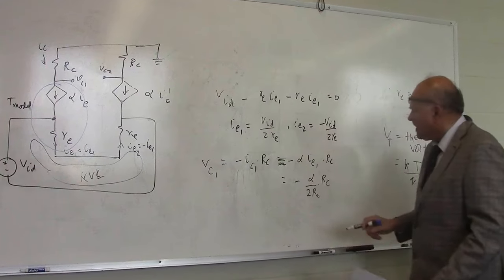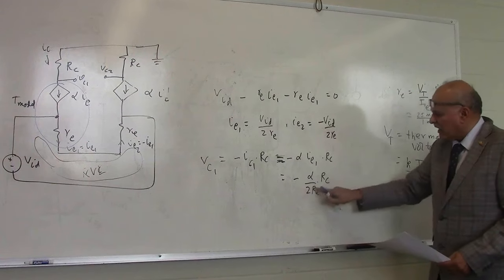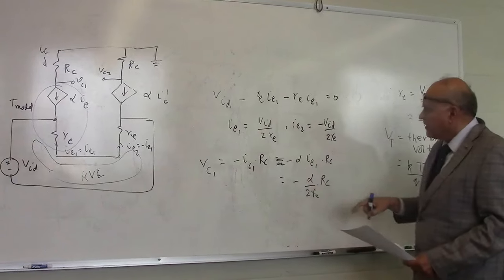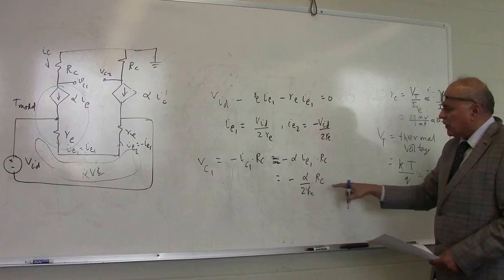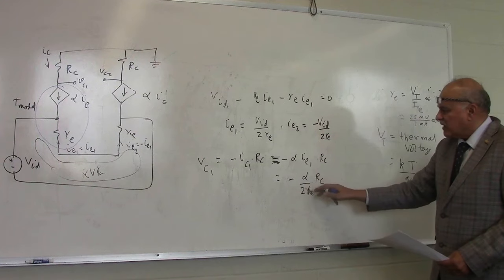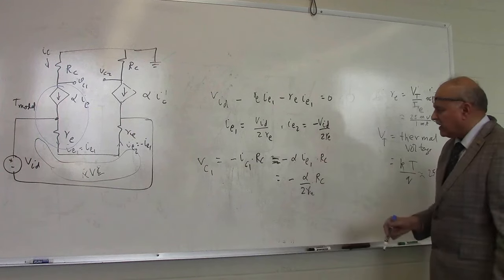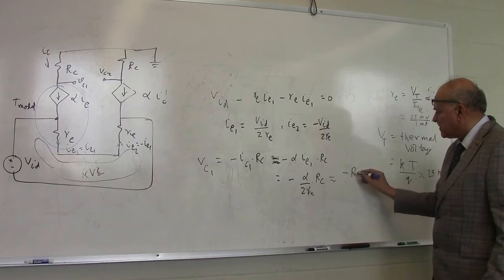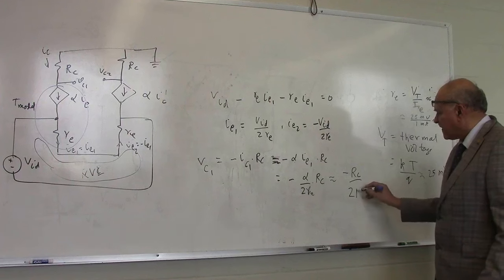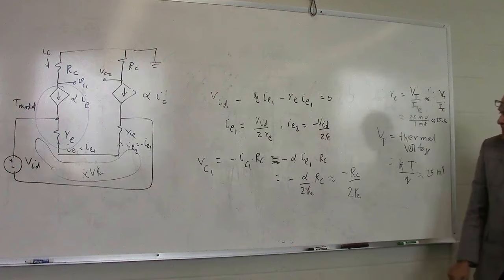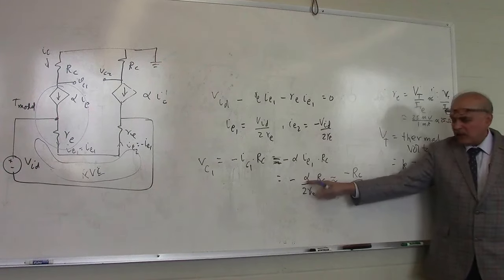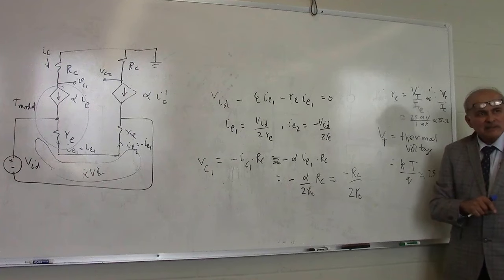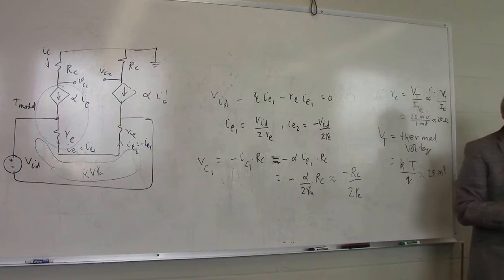I'll write this as small RE, by the way, not capital R. This is IE that I put in there, alpha because IC is alpha IE, and so I can write this approximately as minus RC over 2RE, because alpha is approximately 1. So this is the single-sided gain of my op-amp.